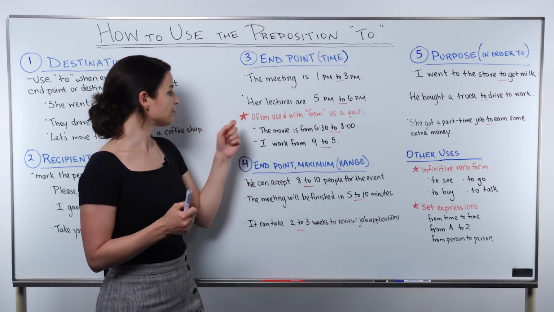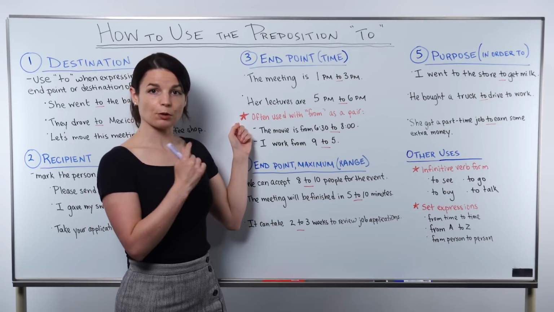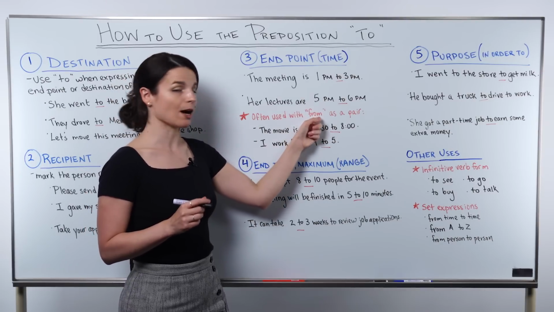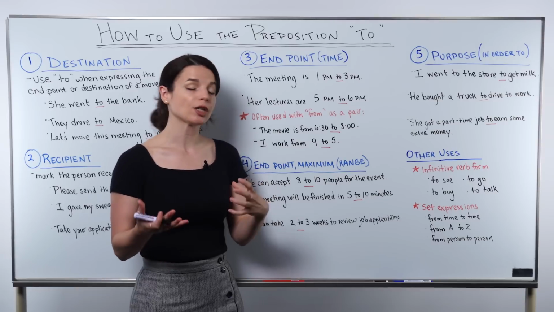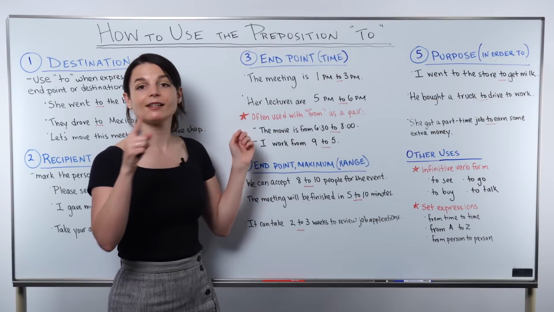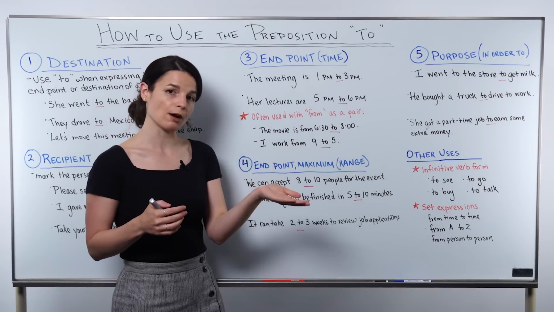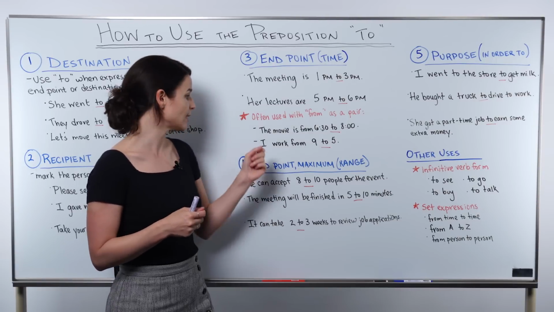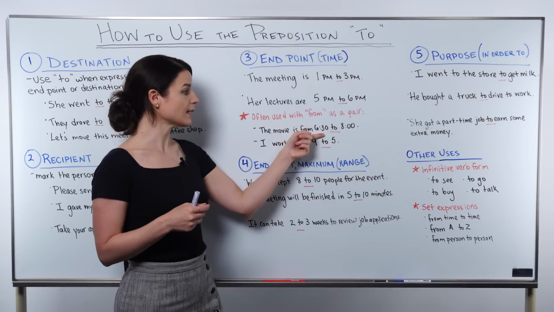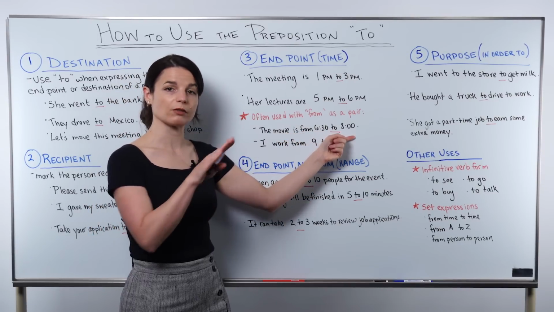I want to mention we often use this form of "to" with "from." So "from" and "to" are often used as a pair to talk about the start point and the end point. So we use "from" before the start point and "to" before the end point. For example, the movie is from 6:30 to 8.